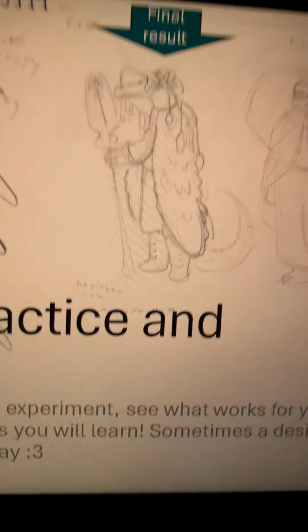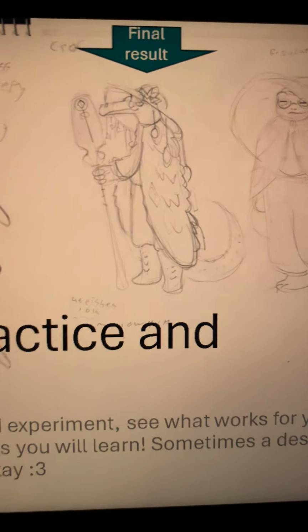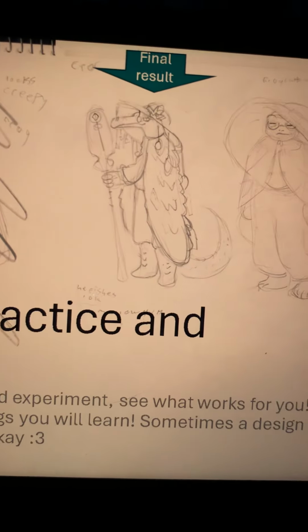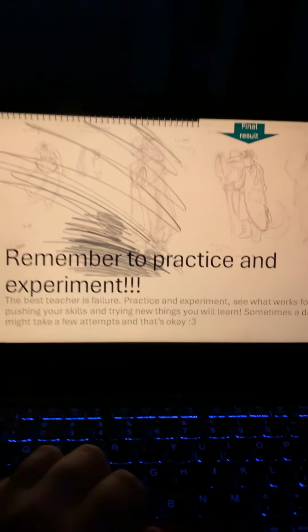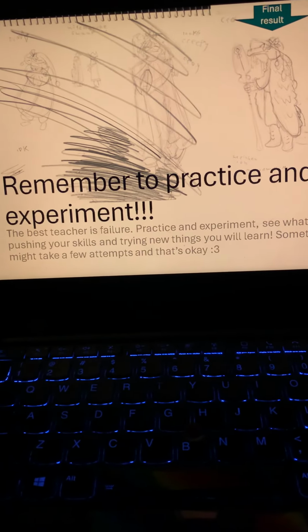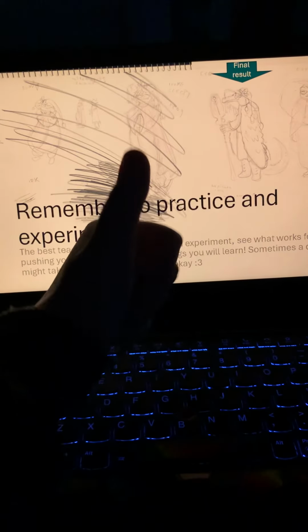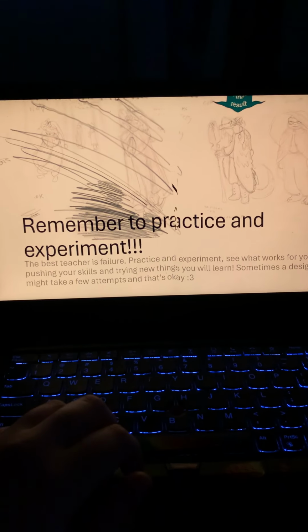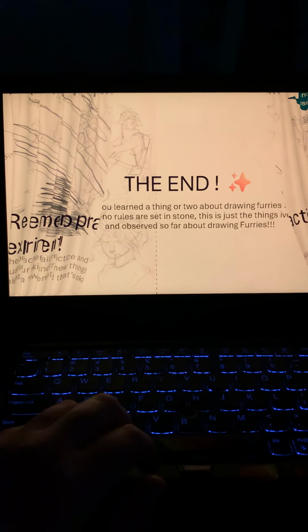And then this is the final result, and I'm pretty happy with this, but it took like 2 pages. So just experiment and practice. I've been drawing this sort of thing for many years now, and you just practice, guys, practice is key in experimentation.